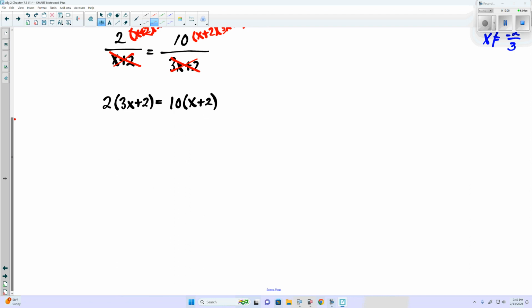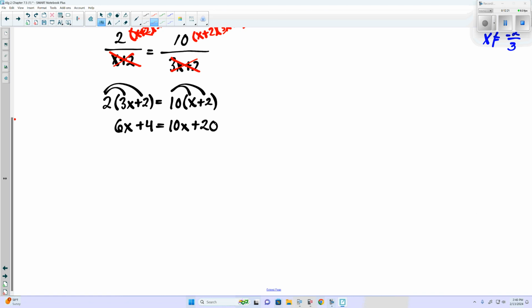Well, now we need to distribute. 2 times 3x is 6x. 2 times 2 is plus 4. Our other side, 10 times x is 10x. And 10 times 2 is plus 20. Again, we don't have an x squared, x cubed.